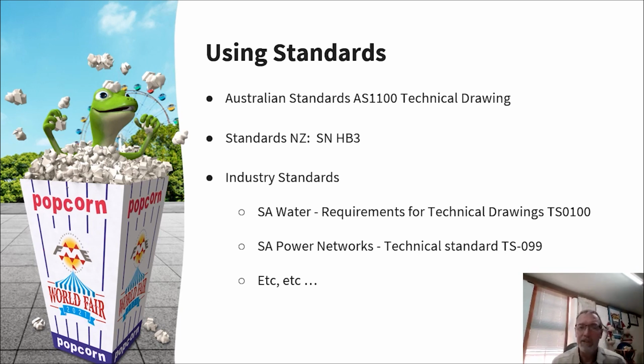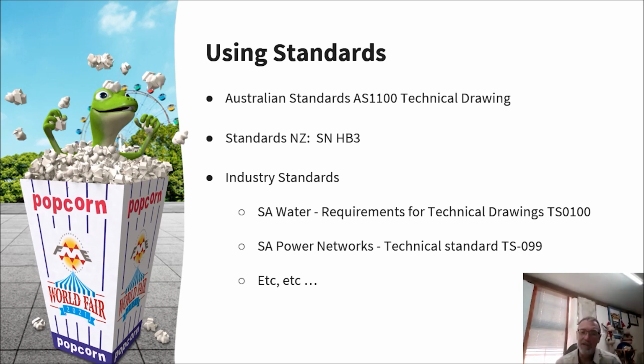We've got Standards New Zealand, so they're the authority in New Zealand. So there's one, SNHB3, which is just another technical drawing standard. And then what you'll find is, depending on your industry, who you're actually drawing for, all those sorts of things. So here in South Australia, we have SA Water, and so they have requirements, a document called Requirements for Technical Drawings, TS0100.